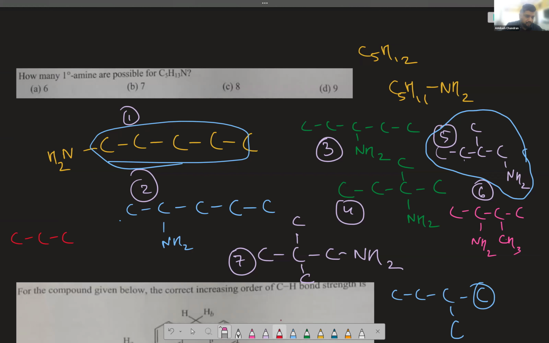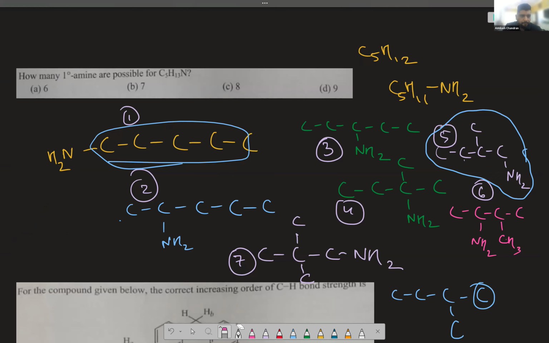And on the middle one, if I put a C next to here and then here. Is this any different from which one is this? This looks very much similar to, at the second position I have methyl and the third one I have, okay. So it's the same, right? So this is the same as 6 that we have drawn.